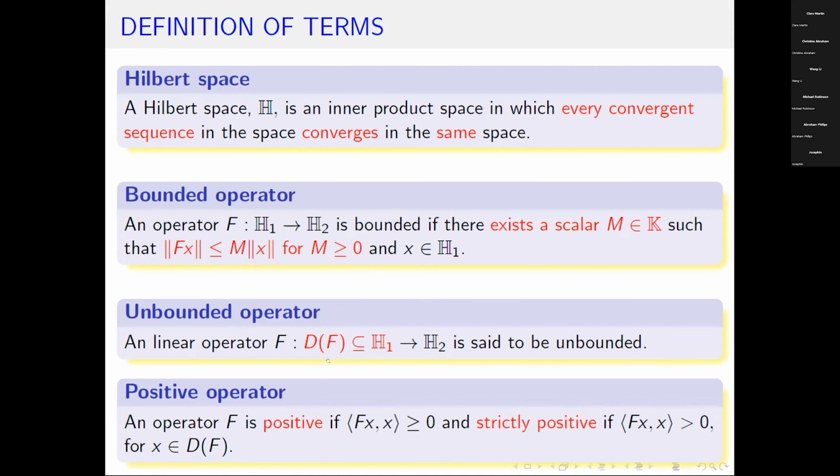And they are positive when the numerical range is more than 0, and strictly positive when the numerical range is strictly more than 0. Of course, I'm taking element x from the domain of that operator.